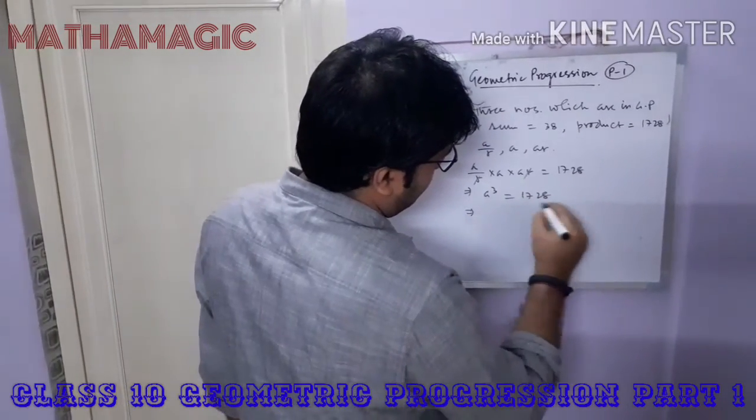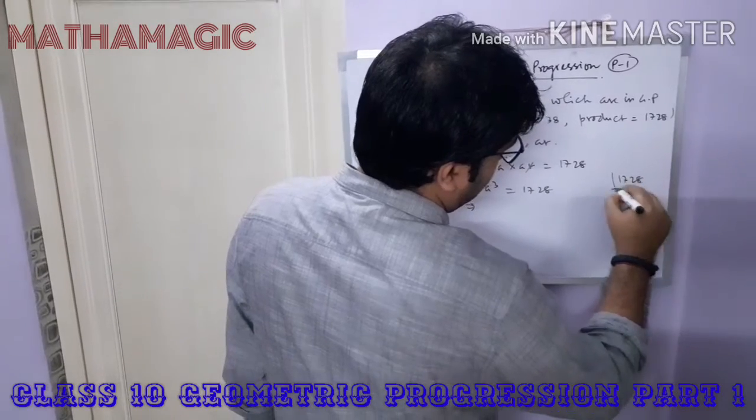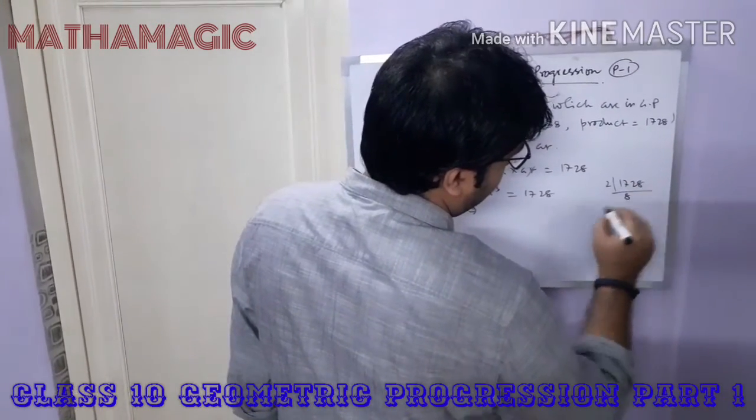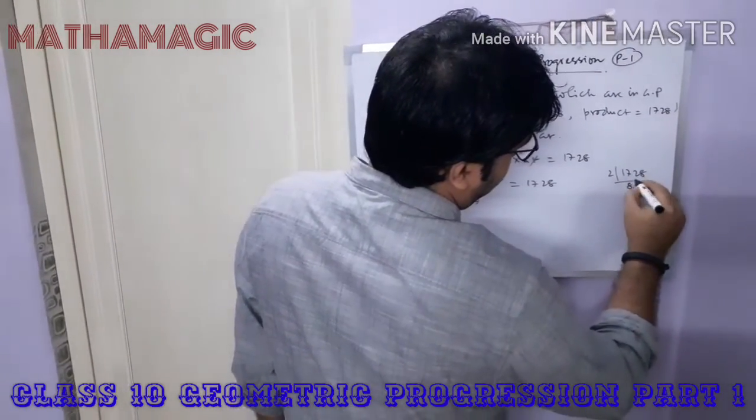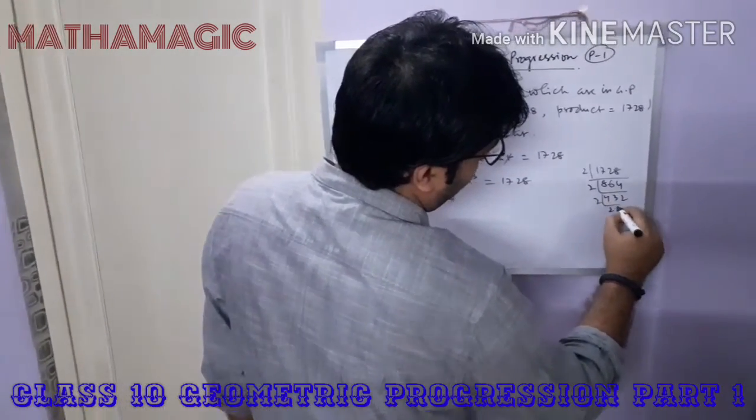Now you can find the cube of this number, 1728. That is 2, 8, 2 is 16, 6 and 4, so it will be 432, it will be 216.